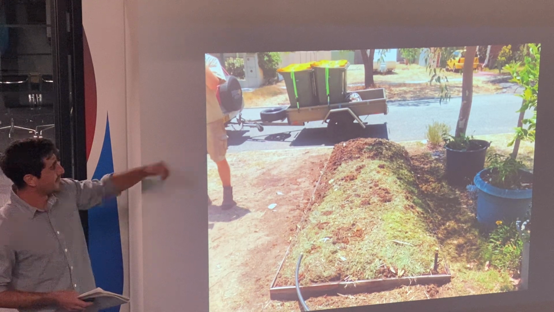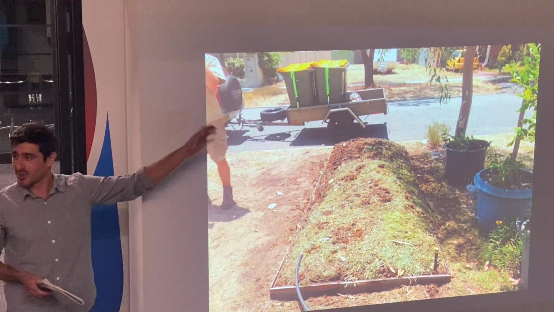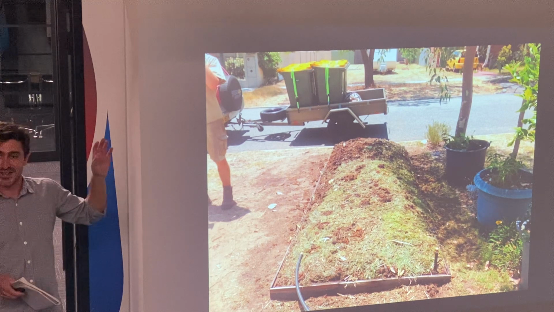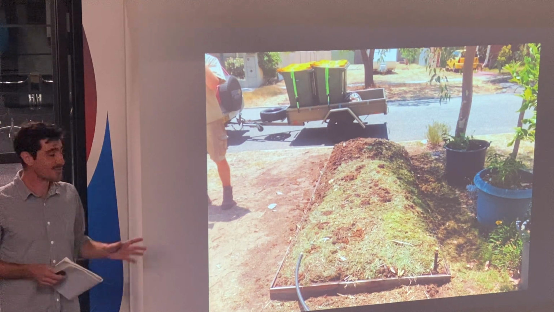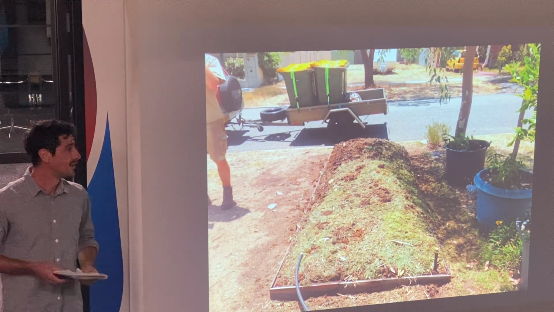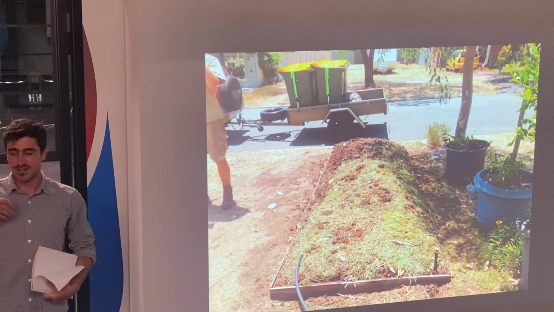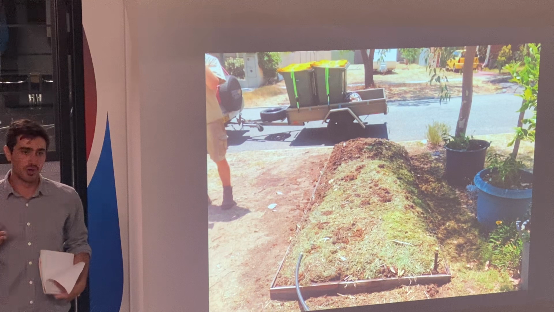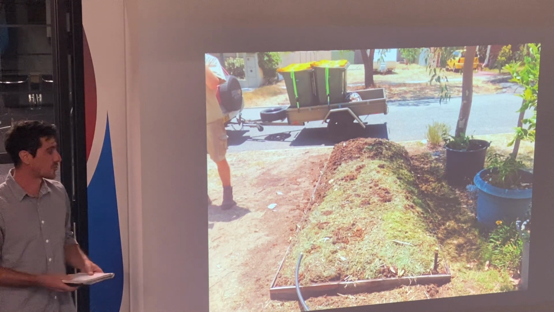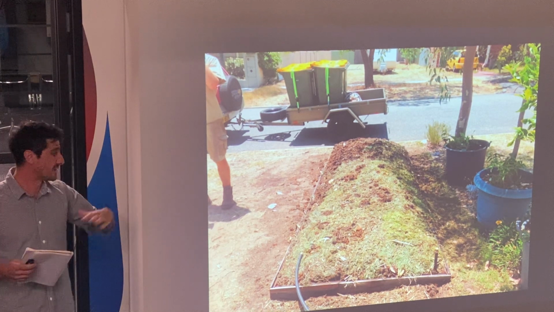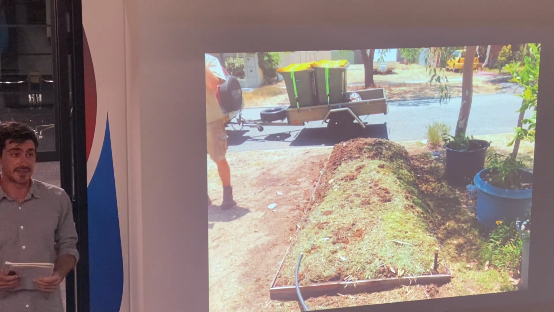Here we can see I've got a small car, a trailer, and six wheelie bins that can fit onto this trailer. What I do is I source organic matter around the neighborhood to create this topsoil and to amplify this forest system.